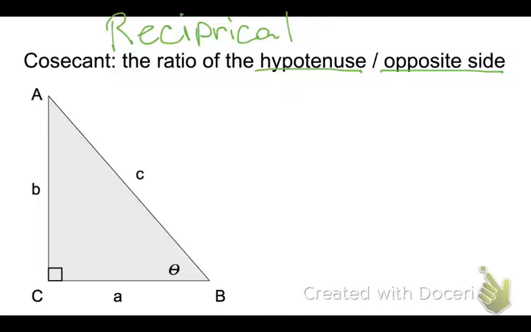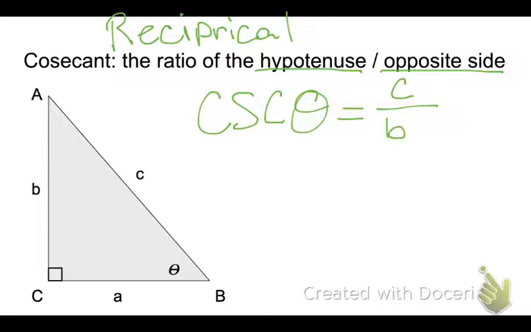So the cosecant is the reciprocal of sine, or the flip of sine. Cosecant is shortened by the letters CSC. So CSC stands for cosecant. Cosecant theta equals the hypotenuse, this time, over the opposite side.